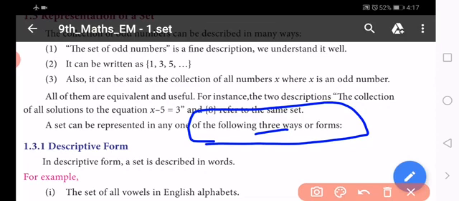The first one is statement form, that is, descriptive form. Second one, set builder form or rule form.